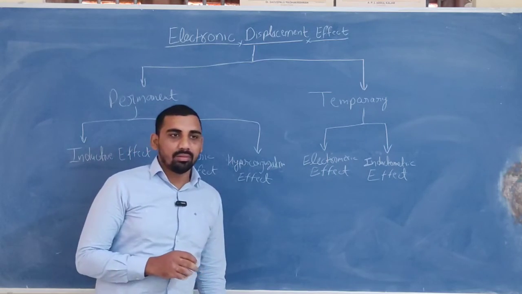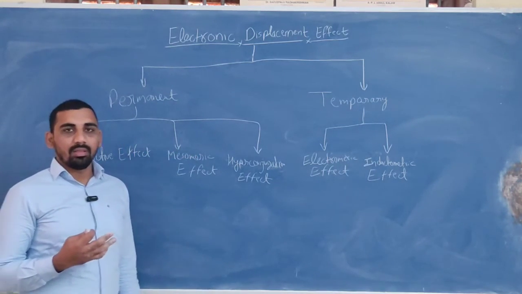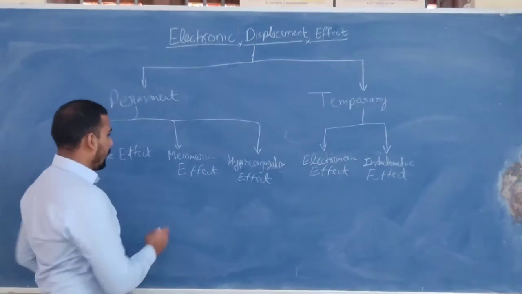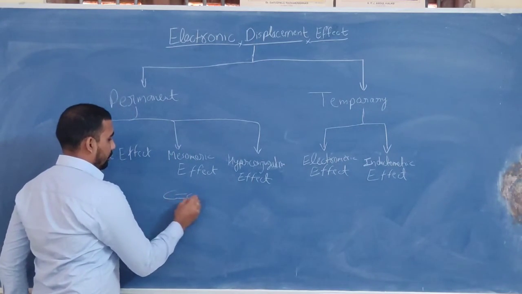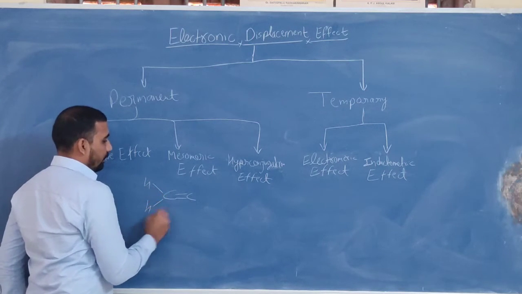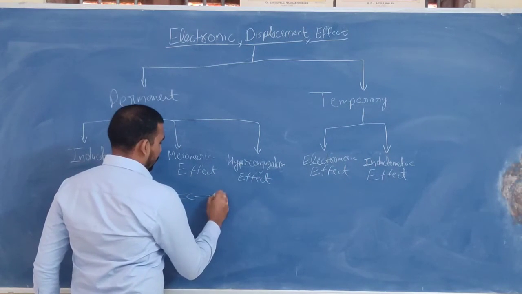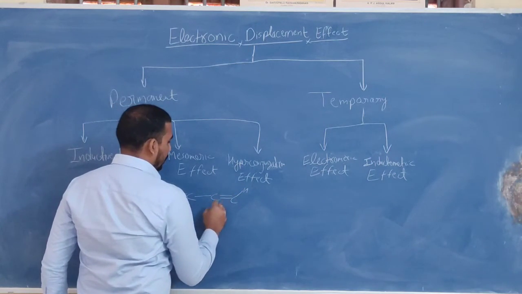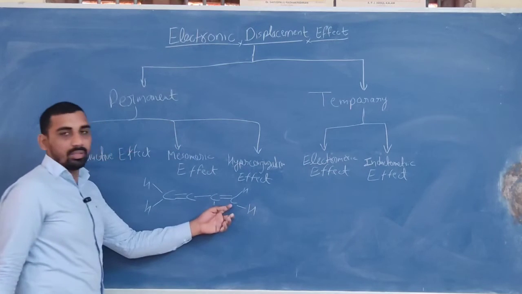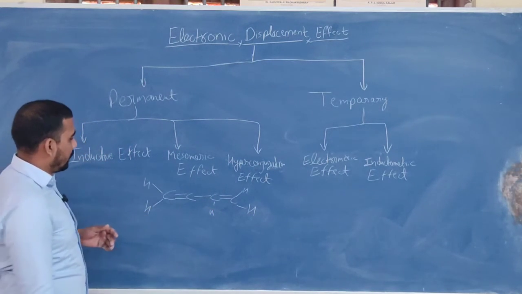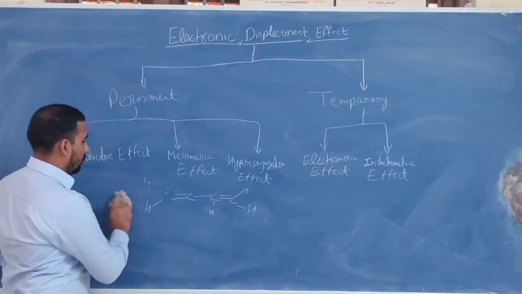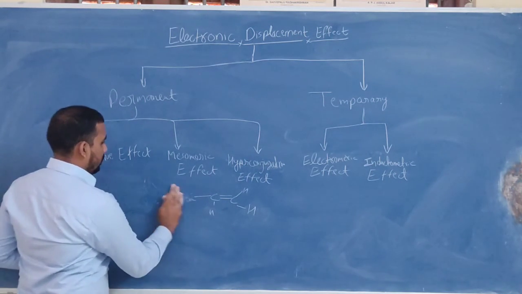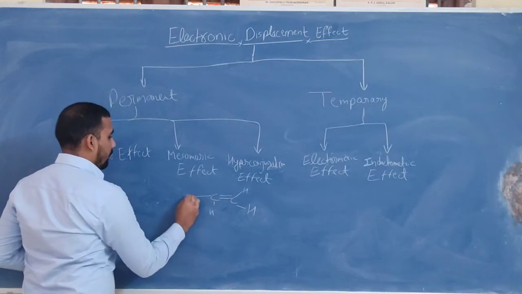Mesomeric effect is present in molecules containing pi bonds. Like we have some alkene, let's say, and we have another pi bond present here. Let's say we have a nitro group here.